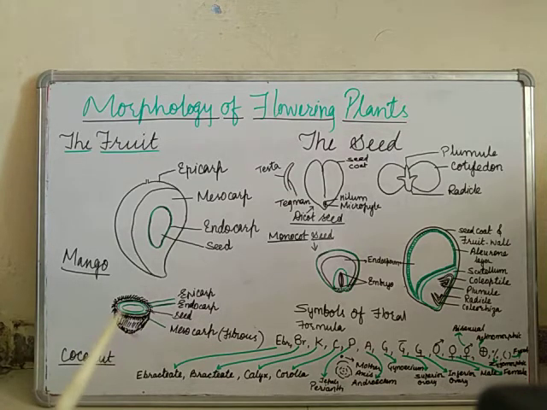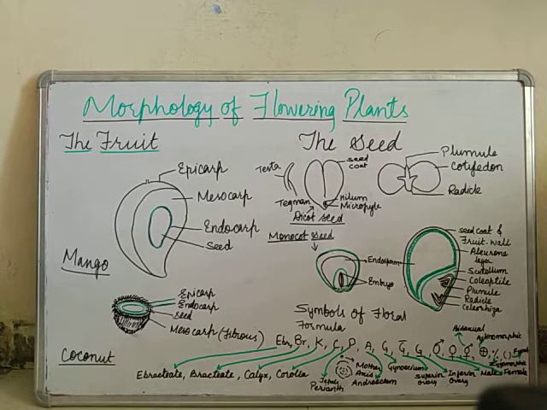This green portion you can see is the seed, and inside that there is the endosperm. Solid endosperm is present, and liquid endosperm in the form of watery fluid is also present, that is the water of the coconut, the coconut milk.